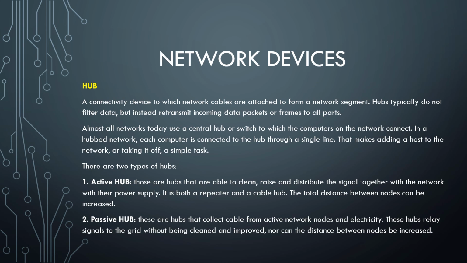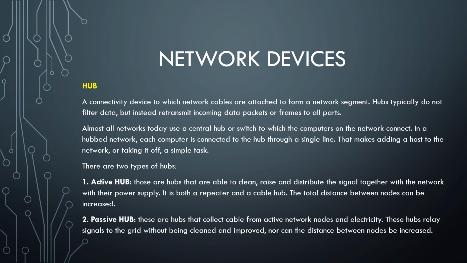And the hub simply broadcasts it to all the other devices, even to the device which has sent the information. Hub will send the information to that device also. Therefore we do not consider this an active, an intelligent device.